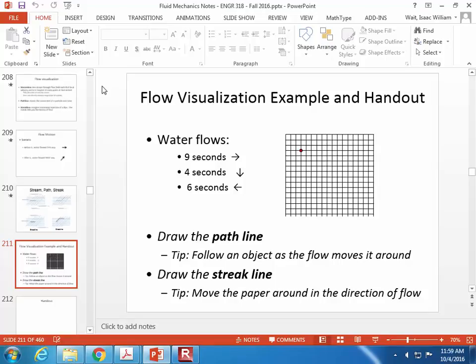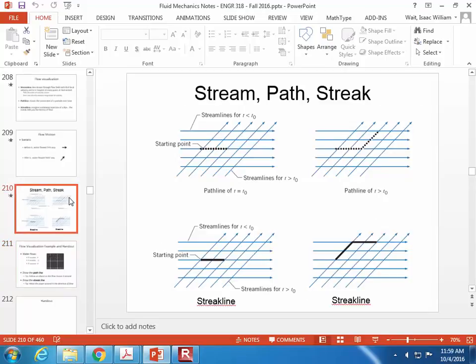Because remember, in a streak line, the beginning of the streak line is off in space as dictated by the flow movement over time. And here is like the present. It's where your pencil still is. Now here is the hint on how to draw these.